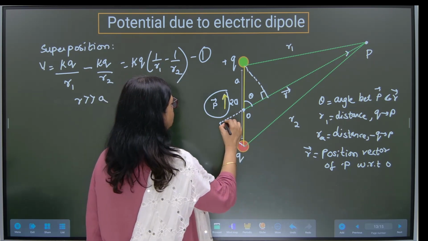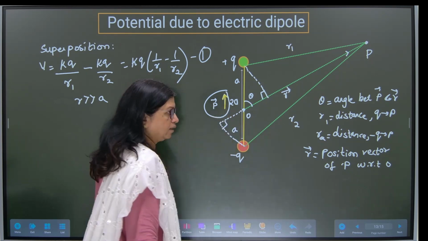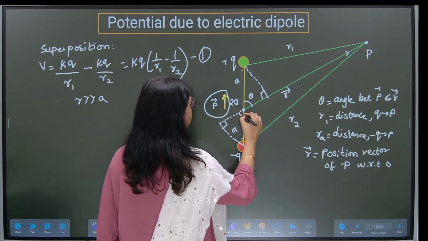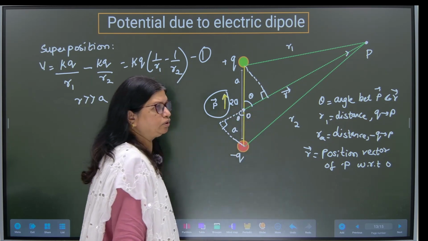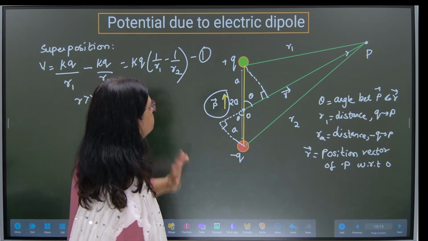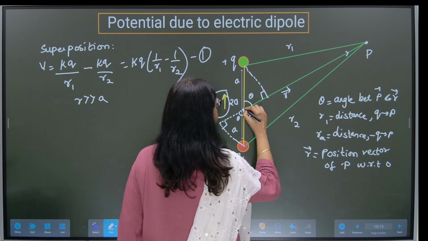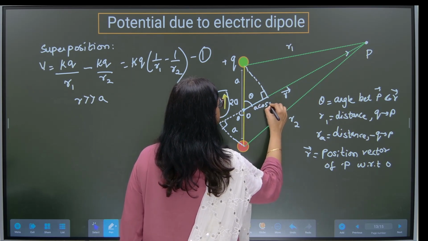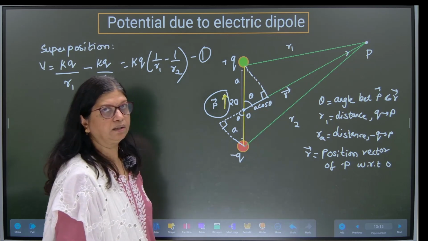Okay, so this is also a right angle. Now, as can be seen, if theta is here, then theta is here also, vertically opposite angles. This is A and this is A. Therefore, this portion is A cos theta according to trigonometry.